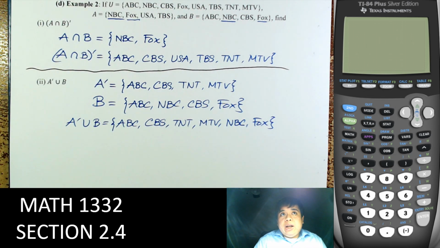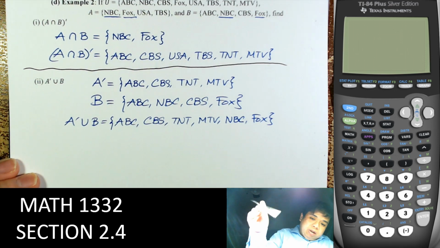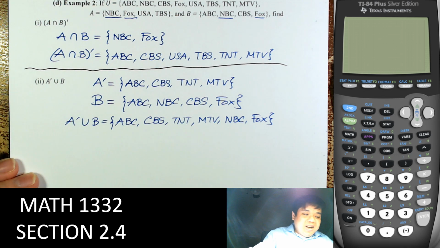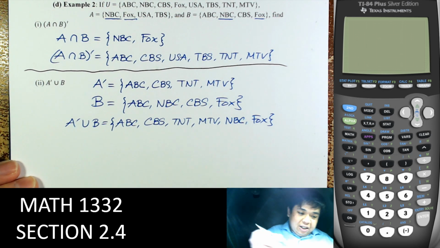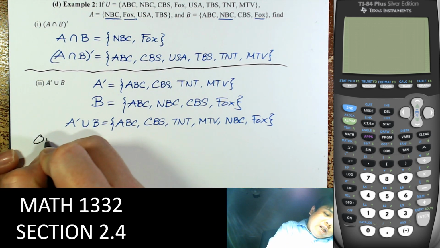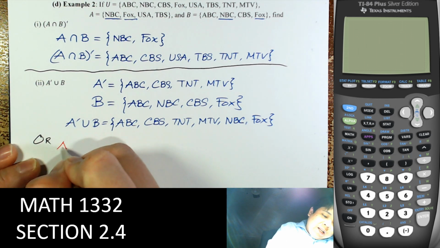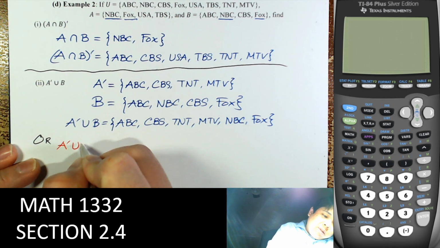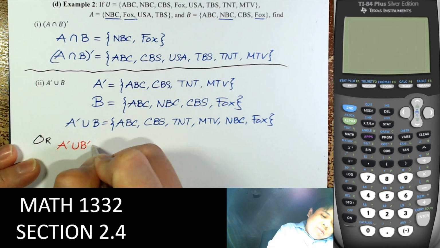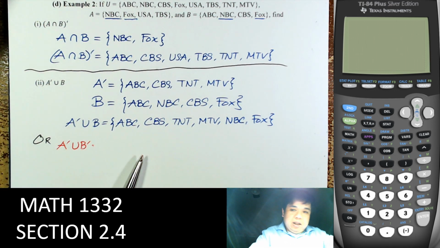Now there's another way to do this. Utilize De Morgan's law. So let me write this a little differently here. Or we can use alternative methods. So we start again with A complement union B. There's no complement here.